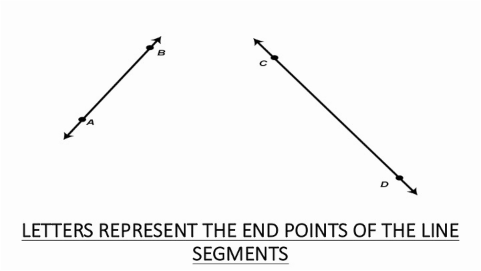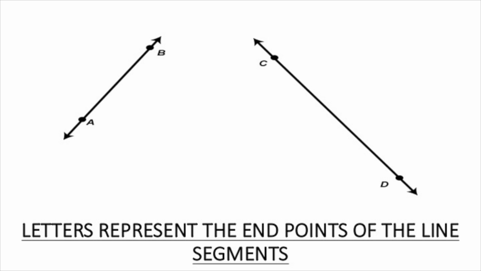Letters represent the end points of the line segments. Yes, similar to like we did on the board earlier. What points can you see here on the left? A. So what will we call this line segment? Line AB.